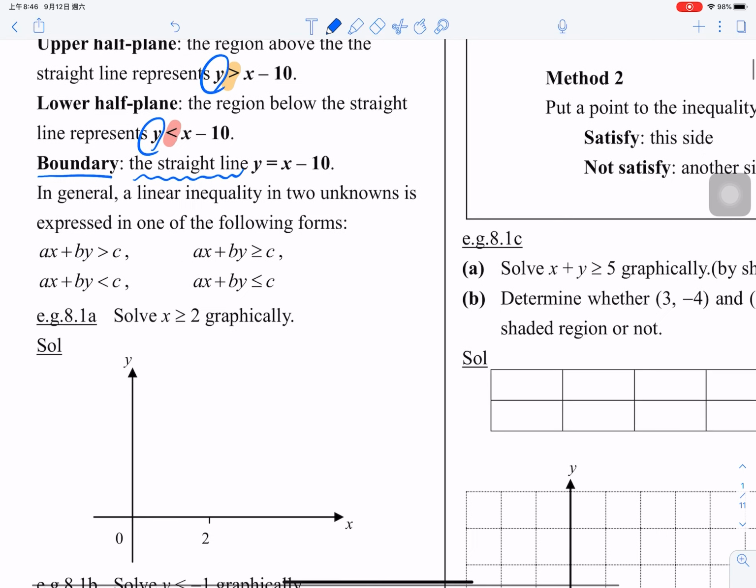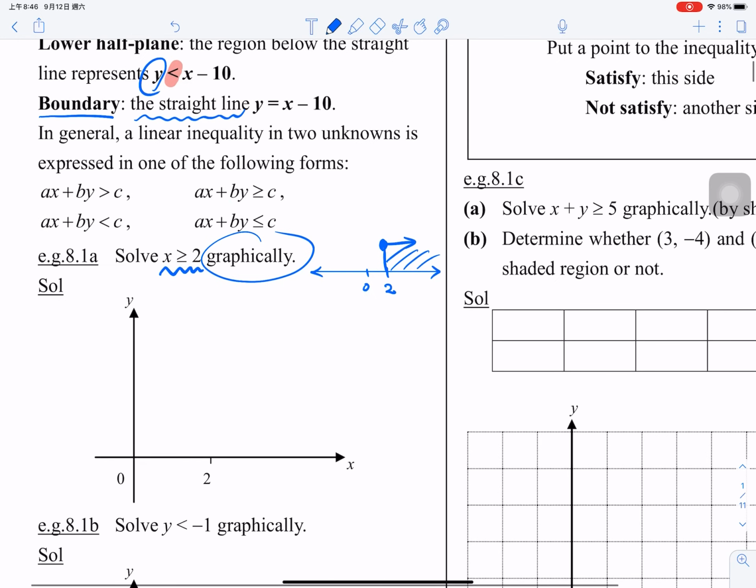Okay, let's have a look at two examples. Example 1a, solve x greater than or equals 2 graphically. That means you need to draw. In chapter 1, I think you remember we needed to draw the number line like this. Right? Greater than, so this one is the solution. Now, we need to draw in a rectangular coordinate plane. So please remind yourself to draw it like this.